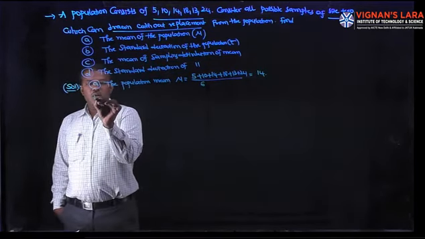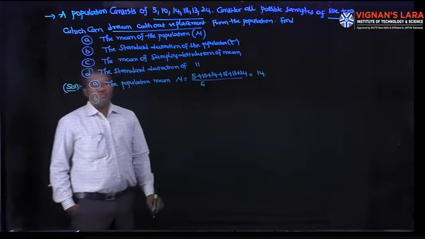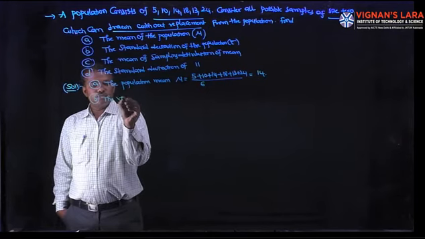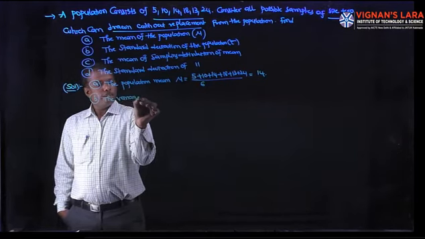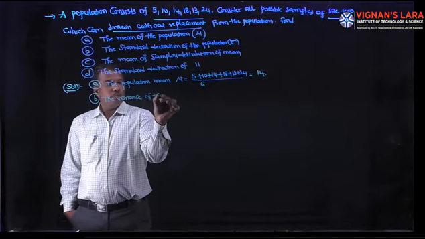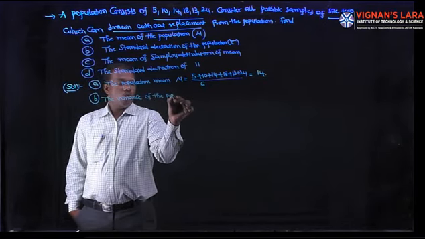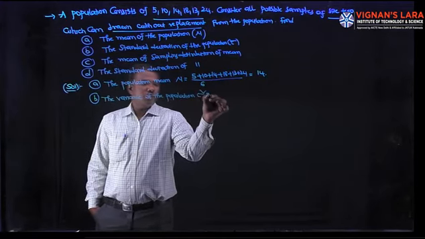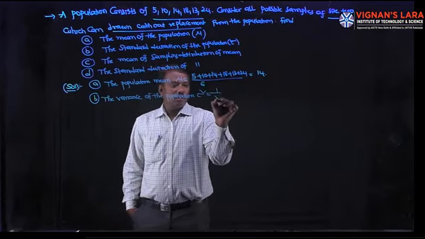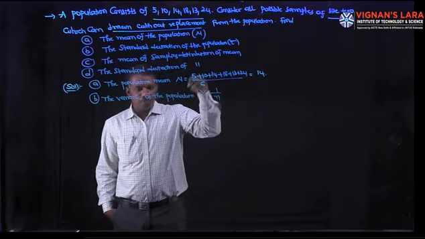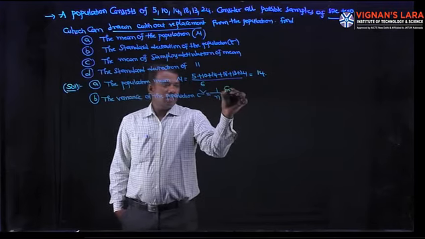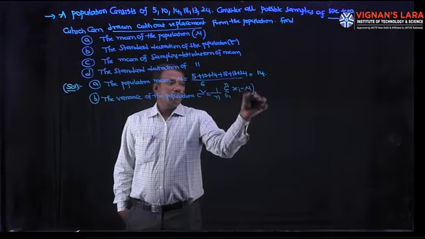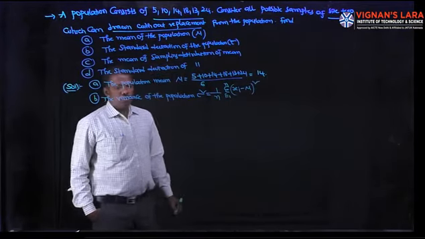Next, before we go to the standard deviation, first we calculate the variance. The variance of the population, sigma square, is 1 by n, where this n is not the sample size but the number of elements in the population, summation i equal to 1 to n of xi minus mu whole square.